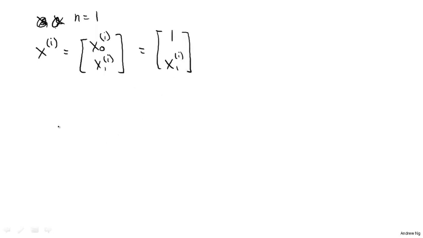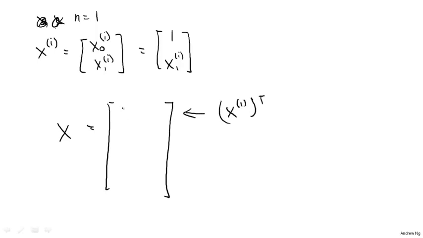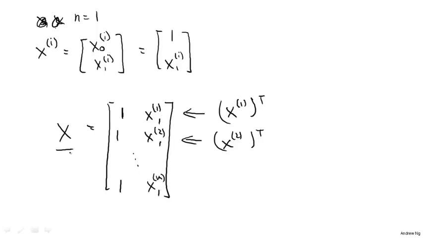If I take my training examples and stack them in rows, then my matrix X is going to be: the first row is x^(1) transpose, so there's a 1 here and an x_1^(1). The second row is x^(2) transpose, with a 1, x_1^(2), and so on, down to 1, x_1^(m), my last training example. And so this is my matrix X.